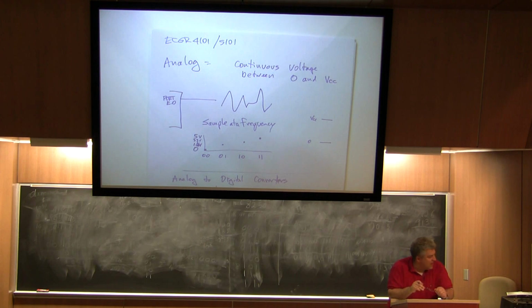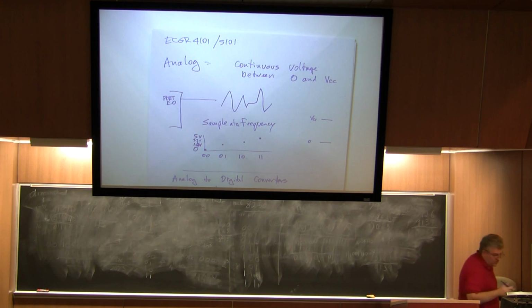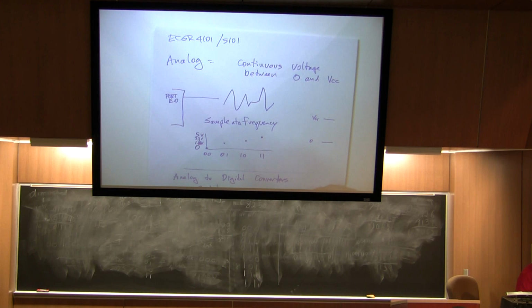But now look at this. How many bits, or what does each 1 bit represent? Well, if you use the really simple concept of your voltage ref positive minus your voltage ref negative, all over 2 to the n bits, that pretty much tells you what your resolution for each single bit is going to be.